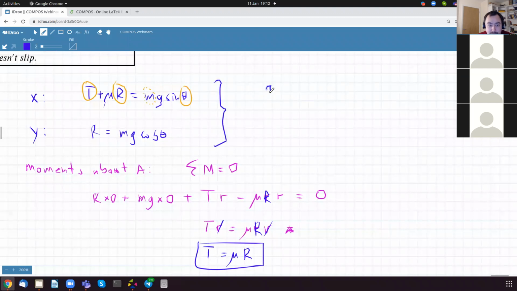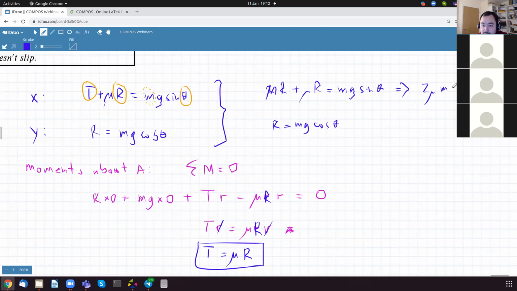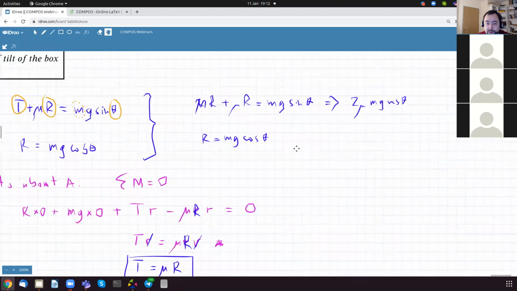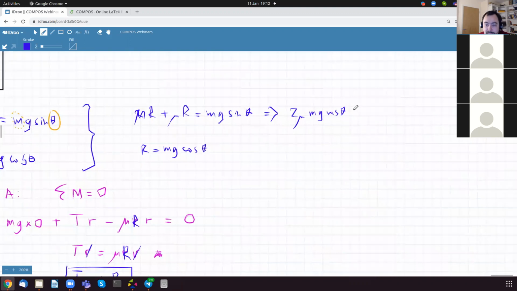So T is equal to mu R, and the first equation becomes mu R plus mu R equals mg sine theta. R is equal to mg cos theta. So from here we get 2 mu mg cos theta equals mg sine theta.